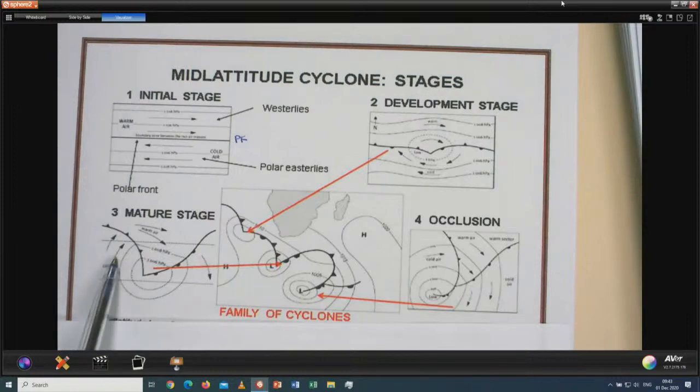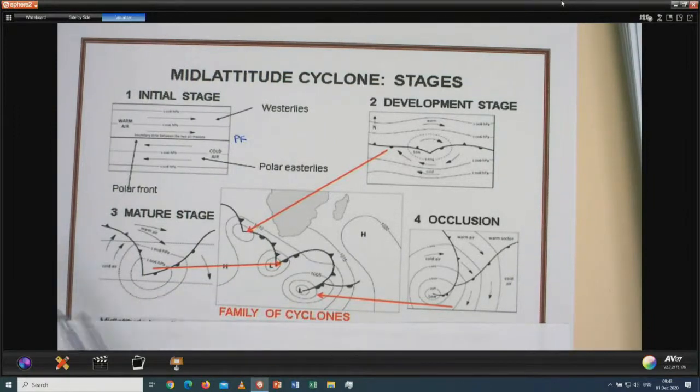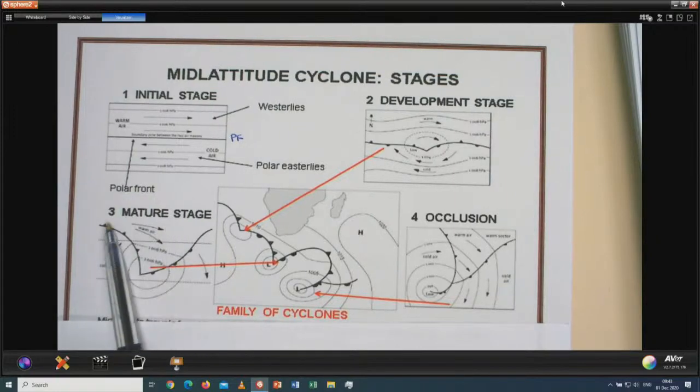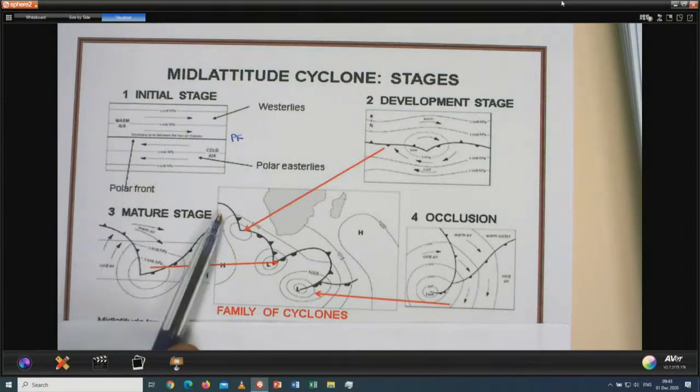In the mature stage, the cold air is moving towards the warm sector. The warm front, because it is lighter, cannot push the cold air. And therefore the area covered by the warm sector is becoming smaller and smaller, narrower and narrower, because the cold air is moving underneath the warm air.